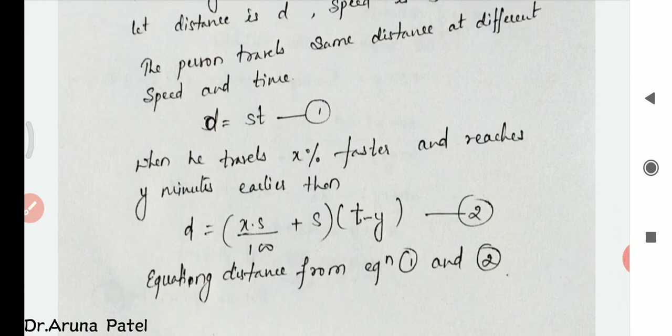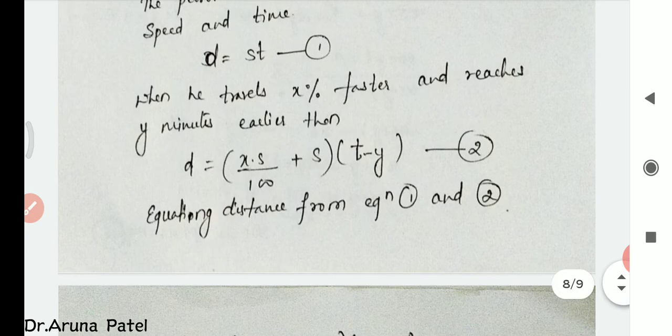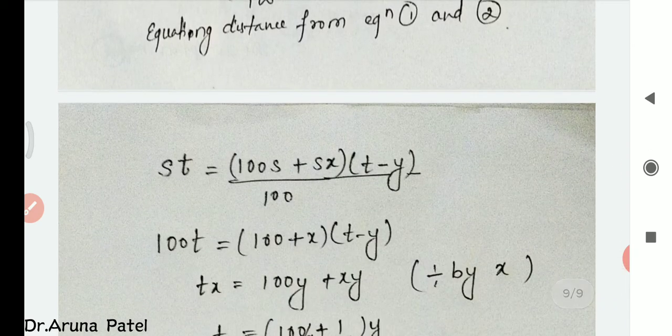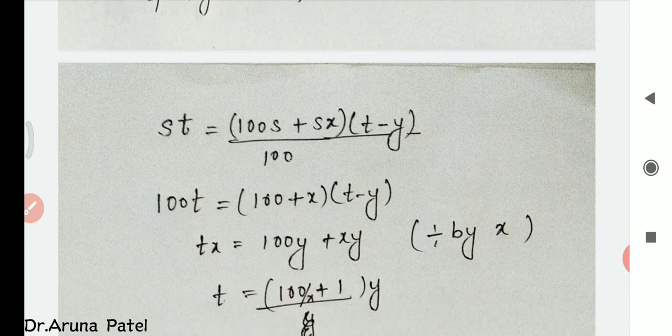When he travels x% faster and reaches y minutes earlier, then d is equal to the new speed times the new time. The new speed is s plus x percent of s, so s plus sx by 100, and the time is reduced, so t minus y. Equating the distance from equations 1 and 2, you will get st is equal to (s plus sx by 100) into (t minus y). So on simplifying you get 100t equals (100 plus x) into (t minus y).